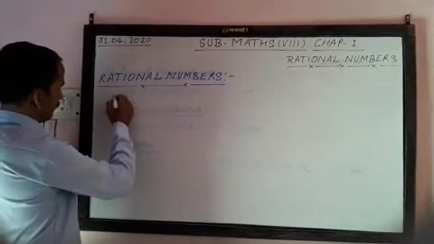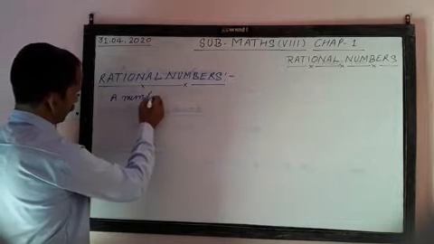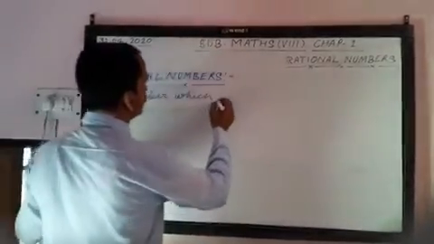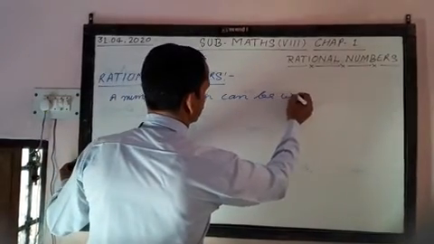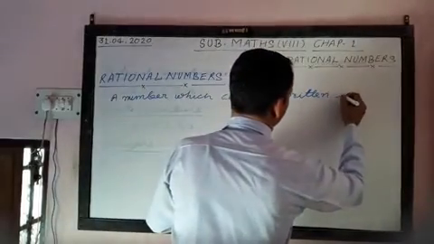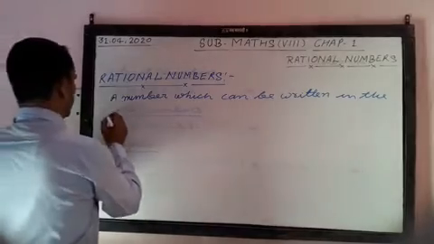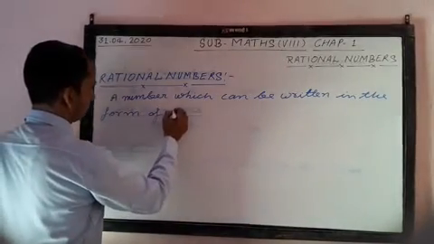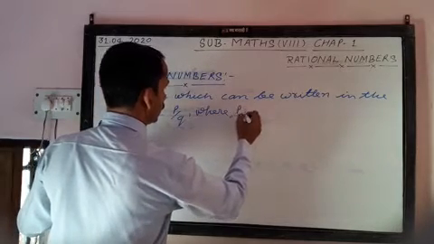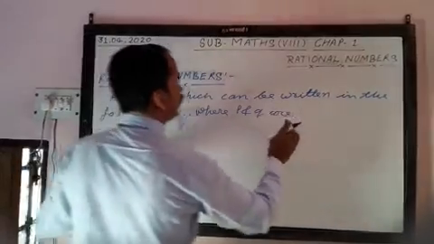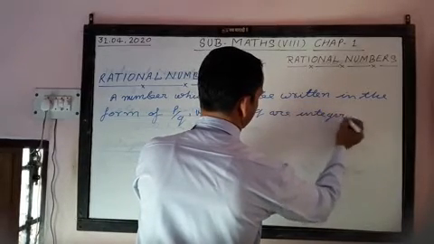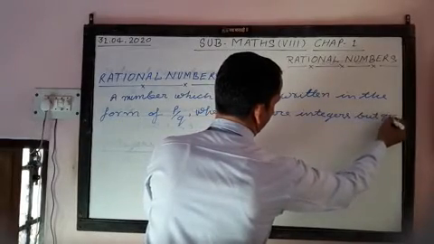A number which can be written in the form of P upon Q, where P and Q are integers, but Q is not equal to 0.